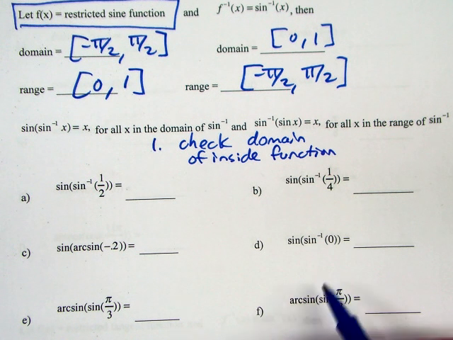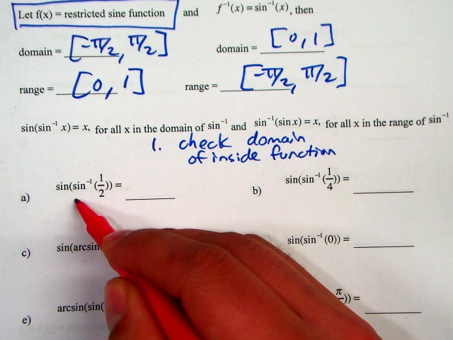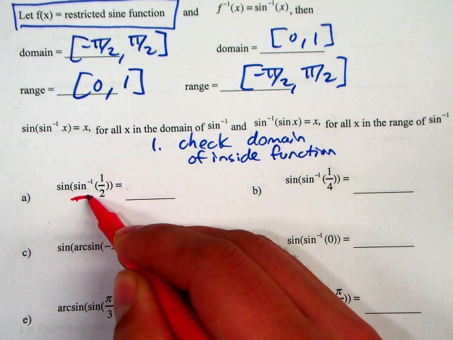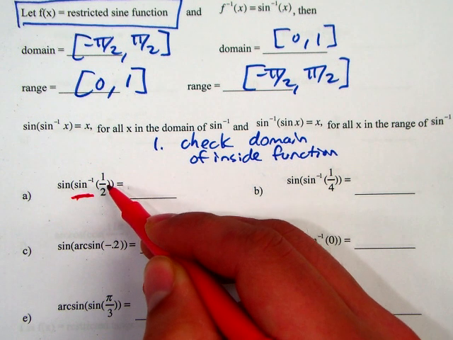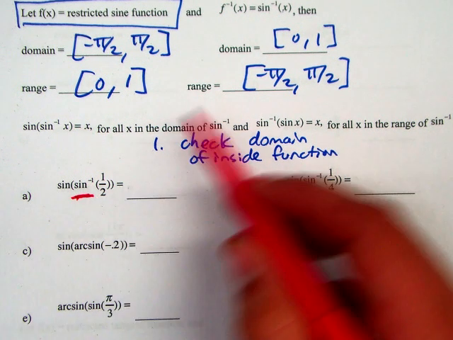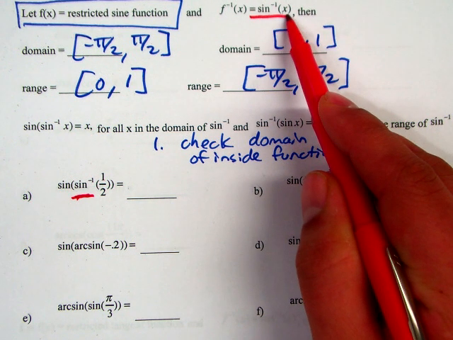Okay, so for instance, this is the inner function right here. We have the inverse sine of 1/2. So first and foremost, we look for the domain of the inverse sine graph. The domain is from 0 to 1.